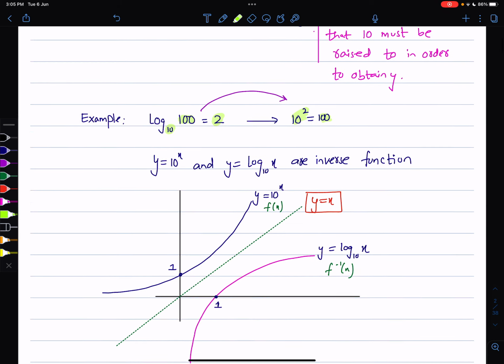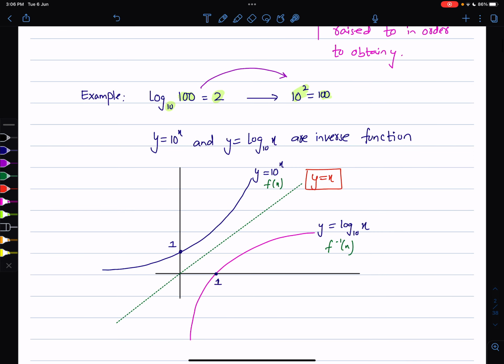Let's consider the graph of 10 to the power of x and log 10 of x. So y equals 10 to the power of x, that is our exponential equation. If we try to make x the subject by converting this exponential equation into the log form, we are going to get the inverse of the exponential function, which is y equals log 10 of x.